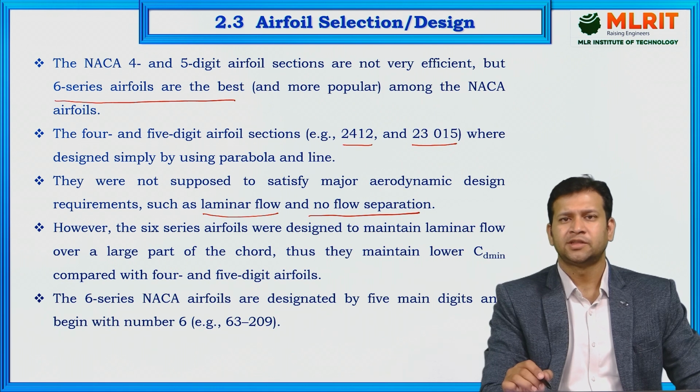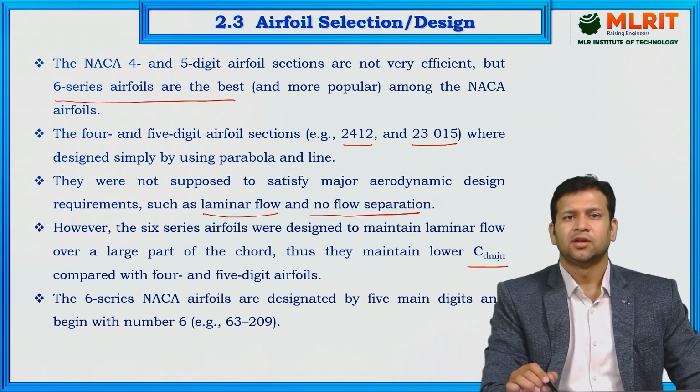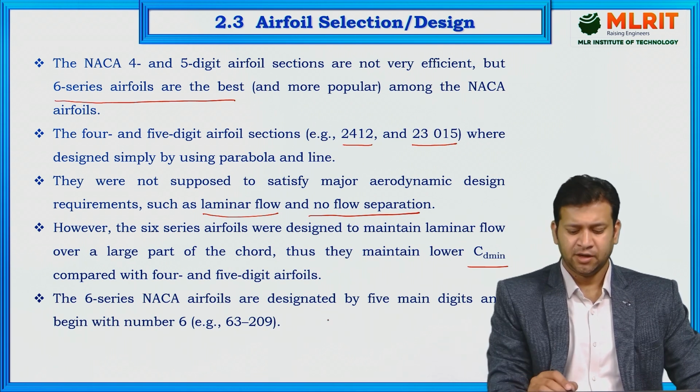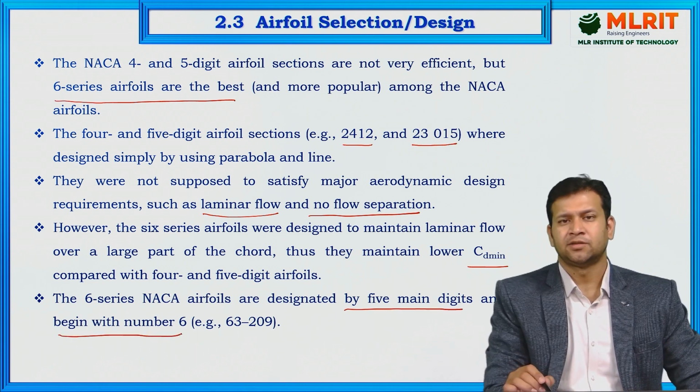However, the 6 series airfoils were designed to maintain laminar flow over a large part of the chord. Thus, they maintain lower minimum CD compared with 4 and 5-digit airfoils. The 6 series NACA airfoils are designated by 5 main digits and begin with the number 6.